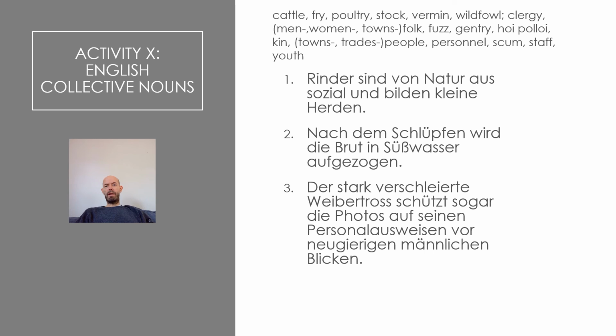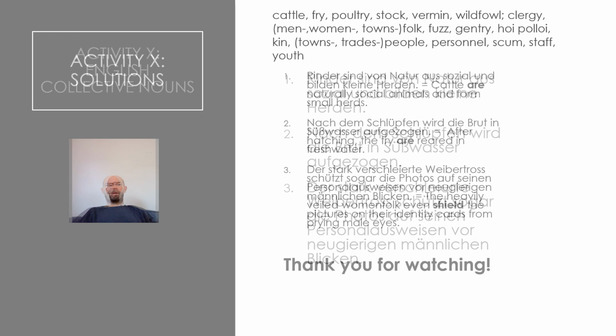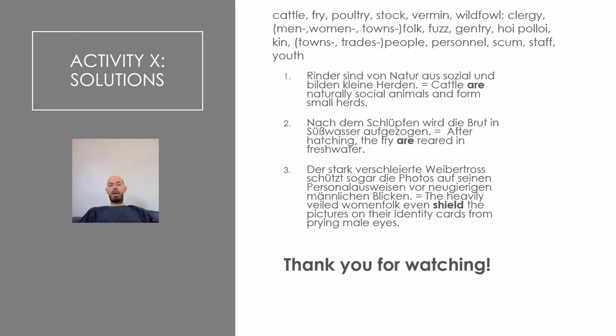So try to translate these sentences keeping that particular feature of these nouns in mind. So, Rinder sind von Natur aus sozial und bilden kleine Herden. That would be cattle are naturally social animals and form small herds. Nach dem Schlüpfen wird die Brut in Süßwasser aufgezogen. After hatching, the fry are reared in fresh water.